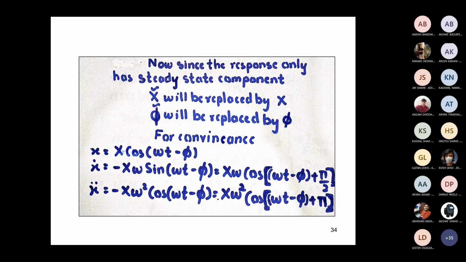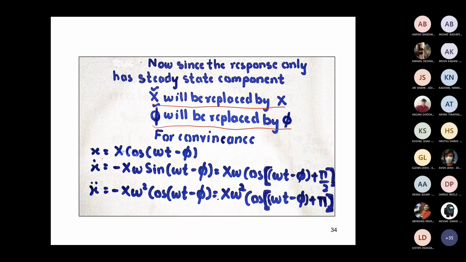It should not be confused with the amplitude of the transient part. It is the steady state amplitude. It is just for convenience, because I don't want to write that symbol again and again.